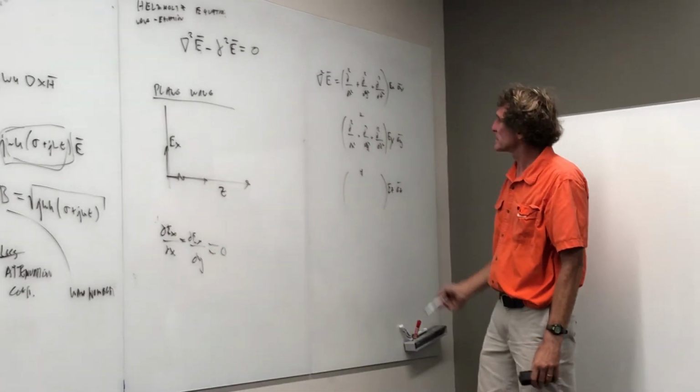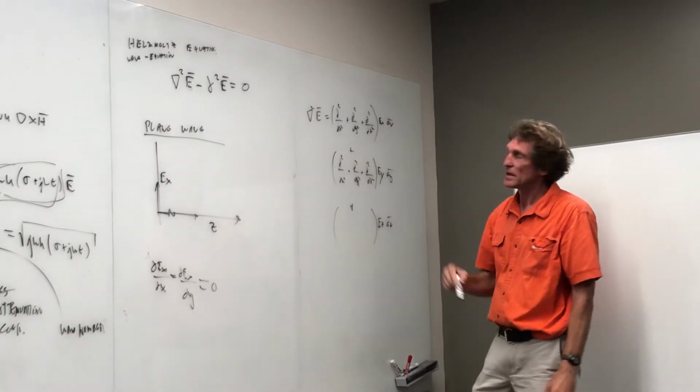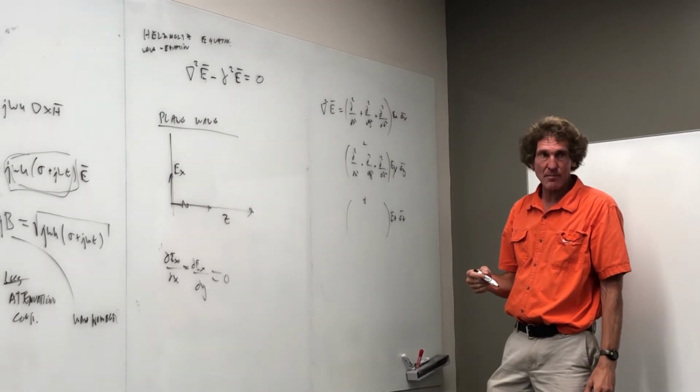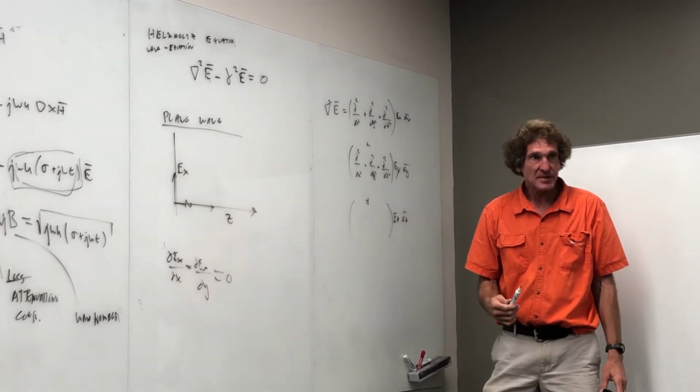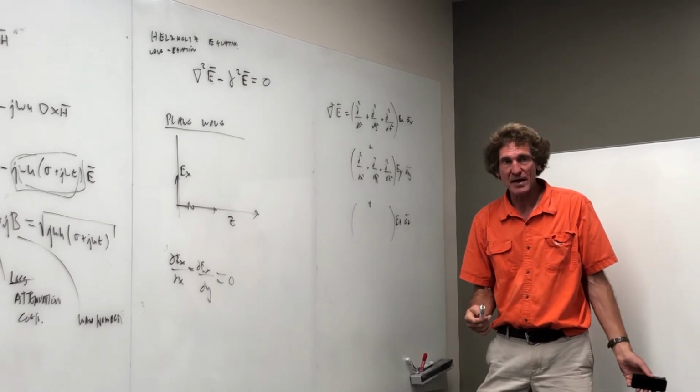Now if you look at this, that's possibly 9 derivative operators operating on 3 field quantities. That's a whole lot of stuff to keep track of.